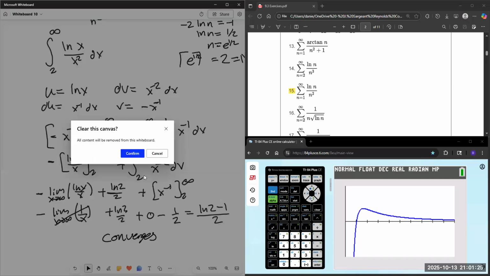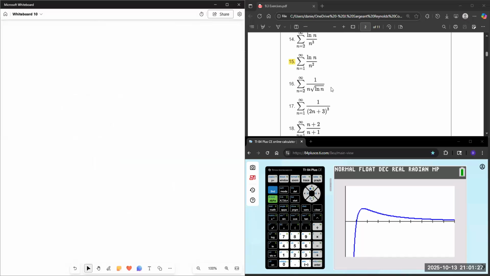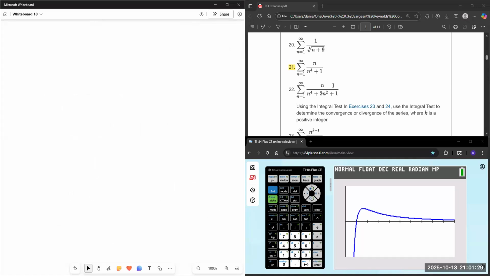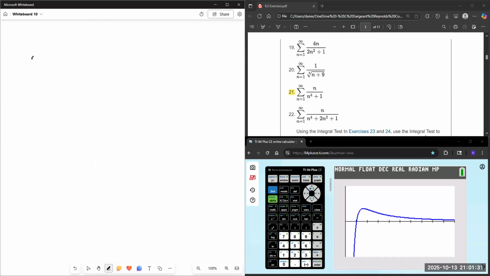Let's look at 21. Summation from n equals 1 to infinity of n over n to the fourth plus 1.